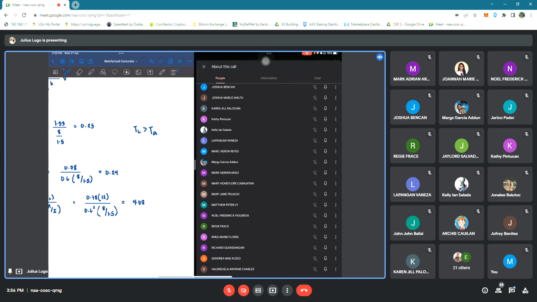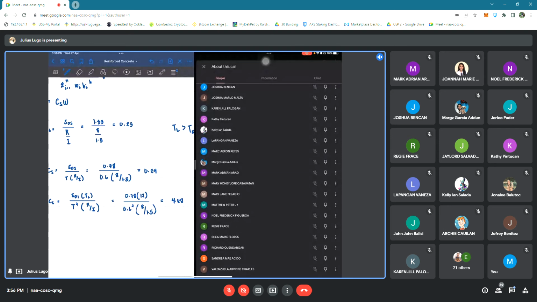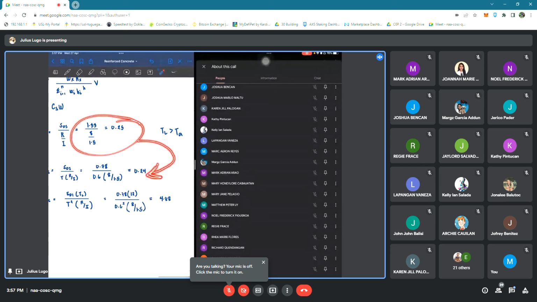In order for you to know what to compare your values to, as mentioned earlier, you have to check the value of your T. If your TL is greater than your TA, you're going to use your first formula, the one with SD1. So if your TL is greater than your TA, your standard formula will be compared to this particular formula.